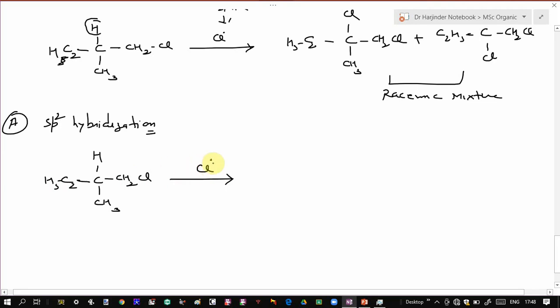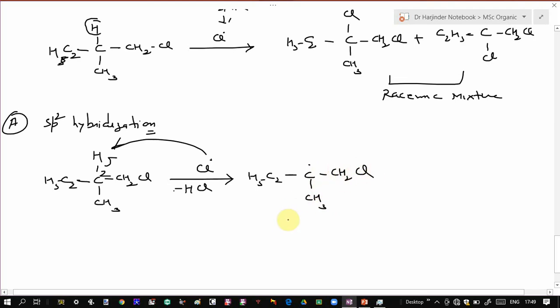What happens? This carbon-hydrogen bond undergoes homolytic bond cleavage, and the hydrogen radical is taken by the chlorine radical. There is a loss of hydrochloric acid, which gives you a carbon radical with C2H5, CH3, CH2Cl.